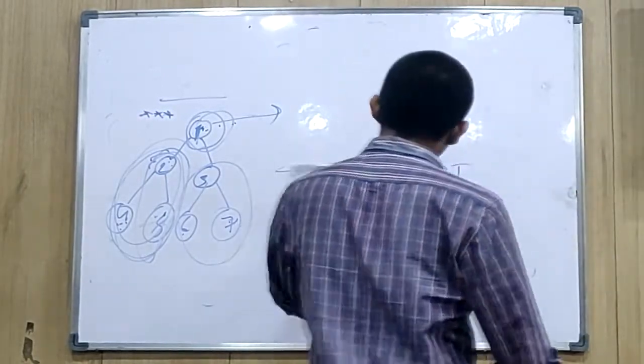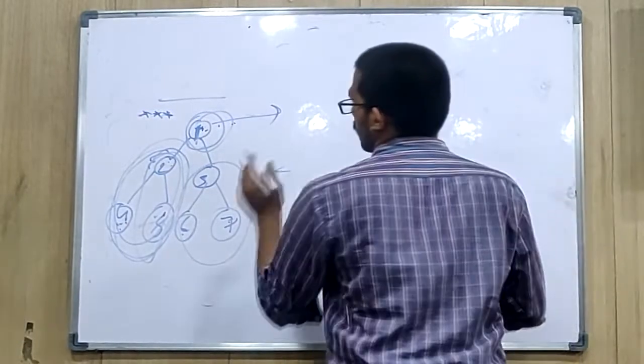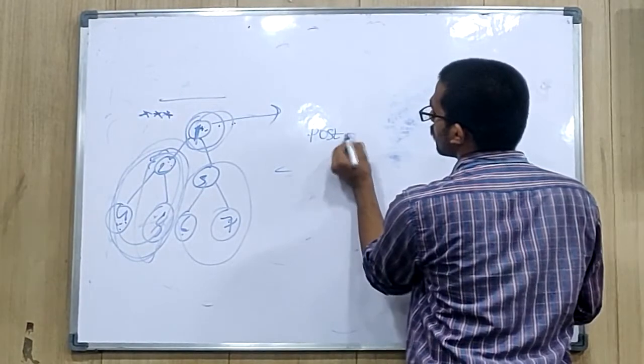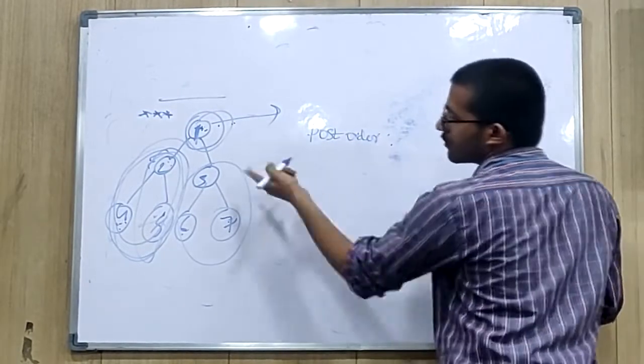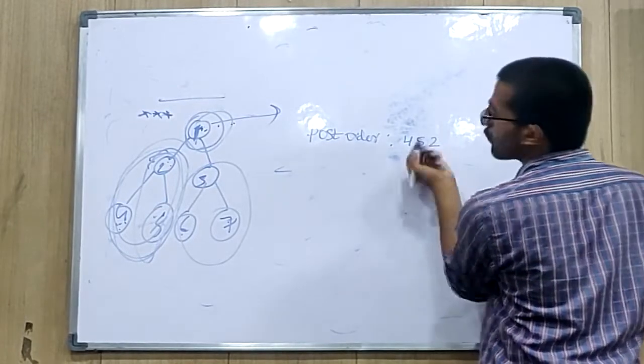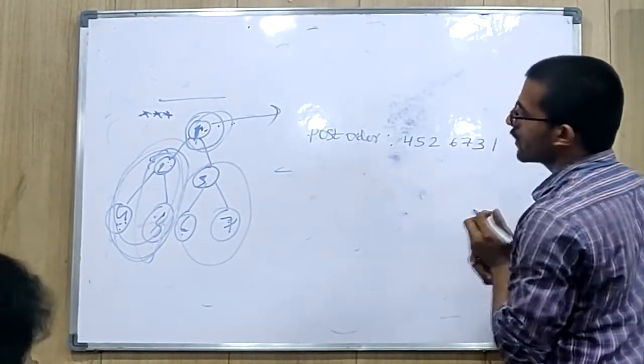Simply how they will ask me, see. The post-order traversal of this is 4, 5, 2, 6, 7, 3, 1. Right?